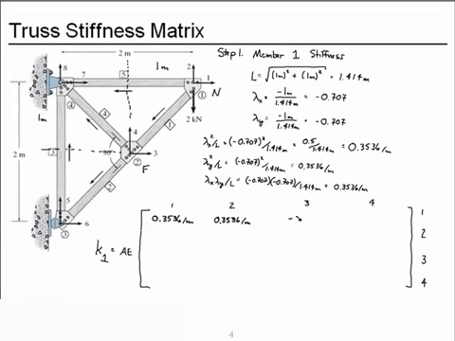The next one is minus the lambda x squared and minus the lambda x times lambda y.